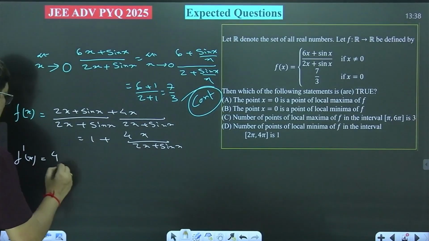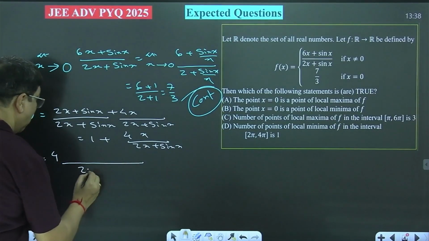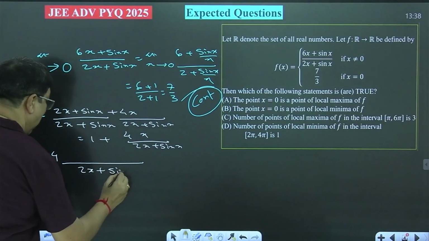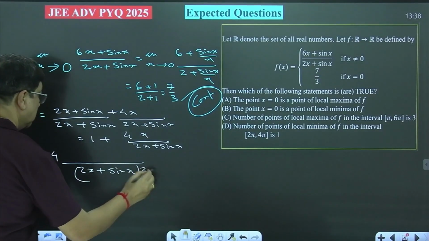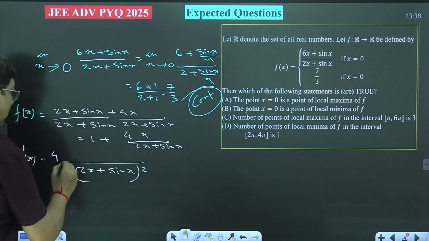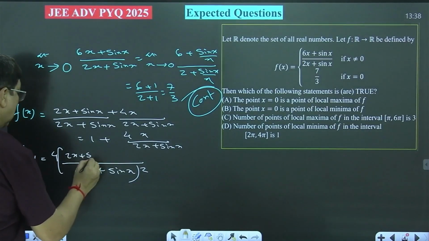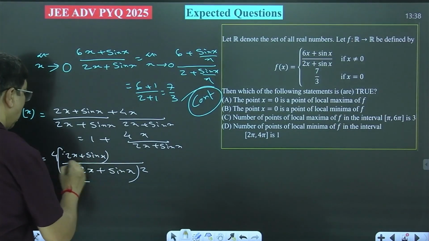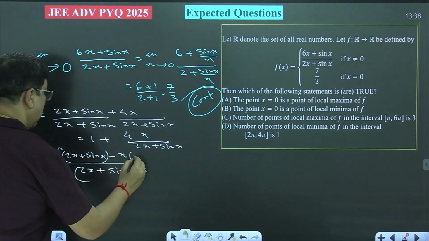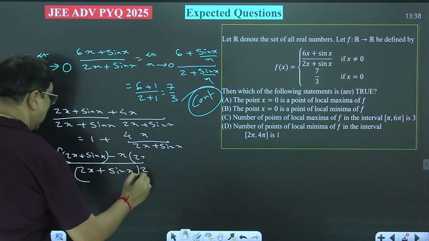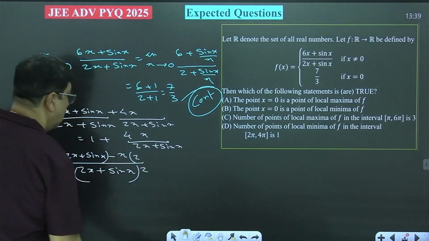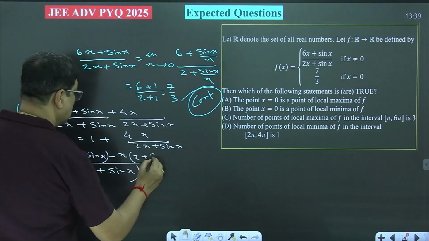I am taking 4 outside, it will be easier for us, because in an examination time matters. Whole square: v square in the denominator, with v constant, meaning 2x plus sin x constant, the derivative of x is 1, minus x constant, the derivative of 2x is 2 plus cos x.